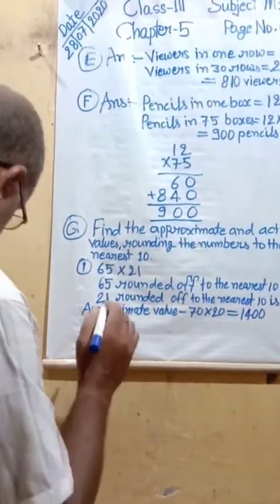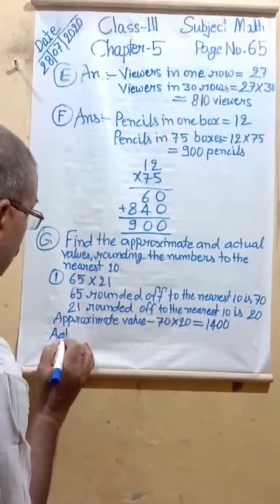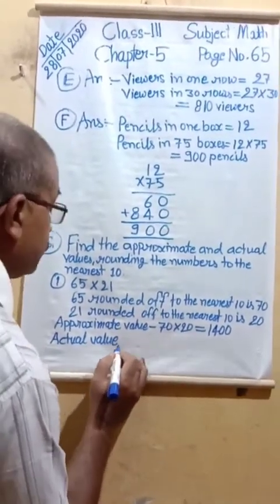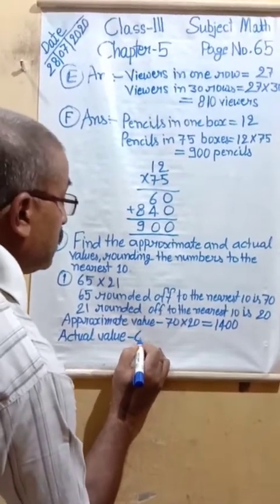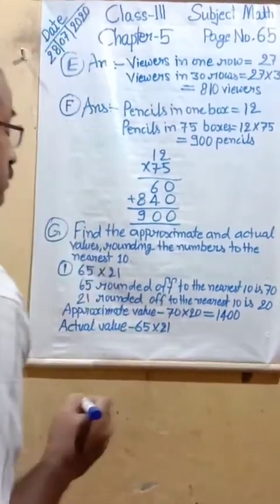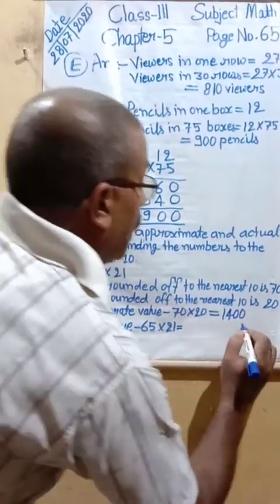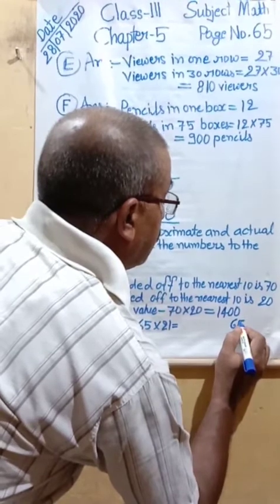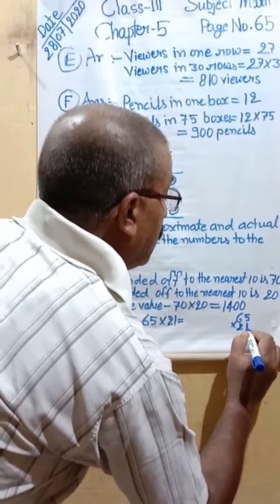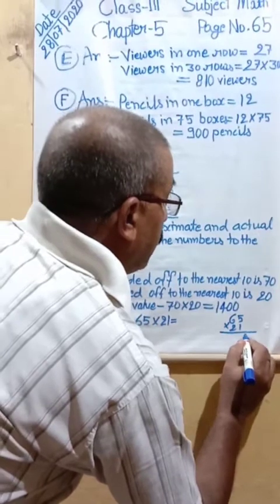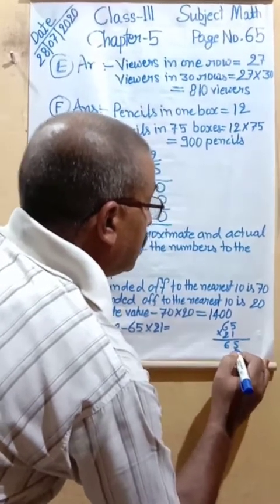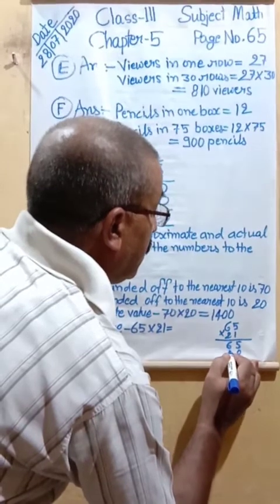Now actual value. 65 into 21. Will multiply 65 into 21. 5 1 ja 5, 6 1 ja 6, 5 2 ja 10.